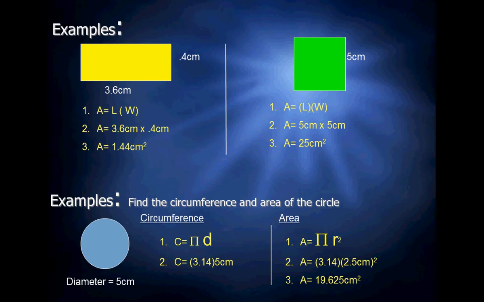Right, but what do we get for an answer? Seaton? 15.7 centimeters. Why not centimeters squared? Because it's just the length. It's the length around the circle. We only had 1 centimeter, so it's just centimeters.